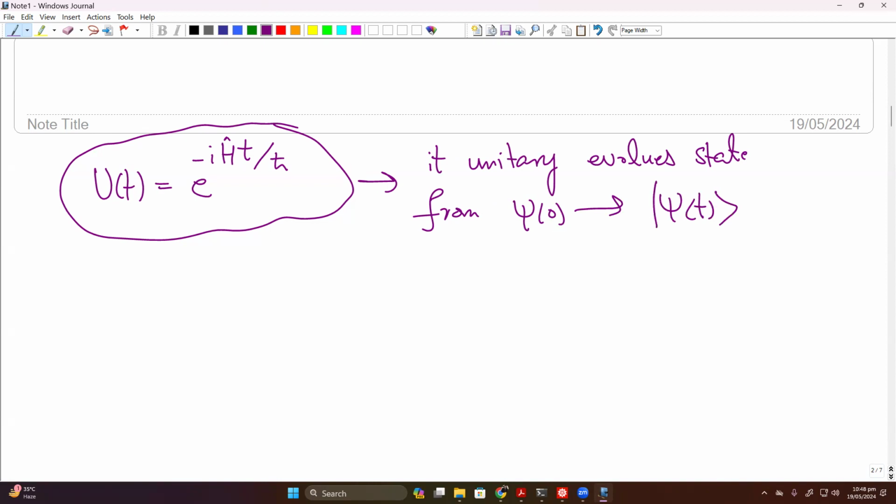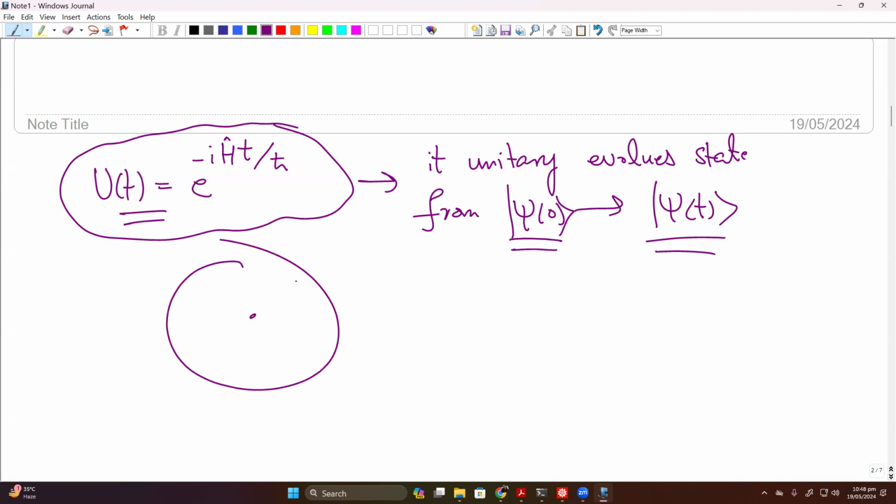Let's suppose this is the state at t equals 0. How can I go to a new state at time t? I have to rotate my state by this thing, because we saw that e to the i theta is simply a rotation. But just note one thing: this is only true if we have a closed quantum system, and by that I mean there is no dissipation of energy from the system.